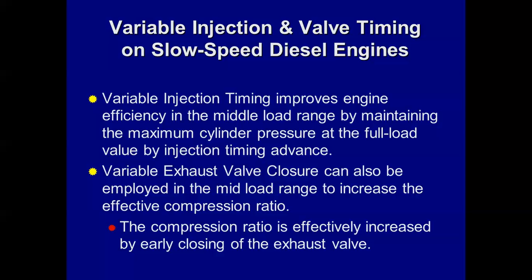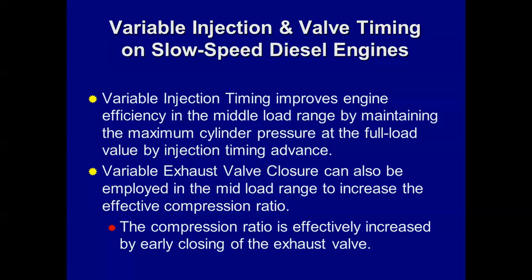But the other one is that you understand that on startup, the Burmeister & Wain goes to full advance. That helps the startup, giving you higher pressures and temperatures in the cylinder on start. Once the engine starts and the RPMs come up, the timing is retarded back to its normal setting.